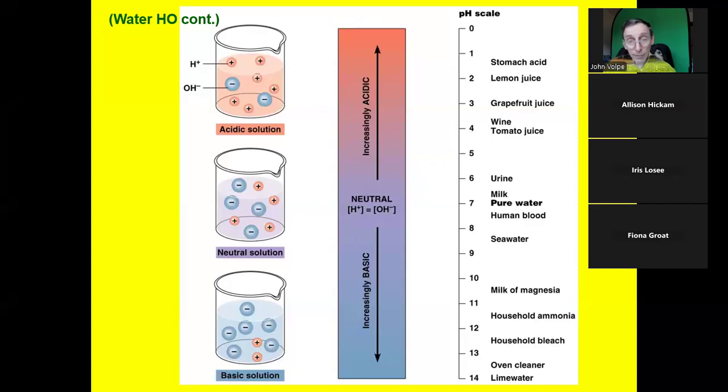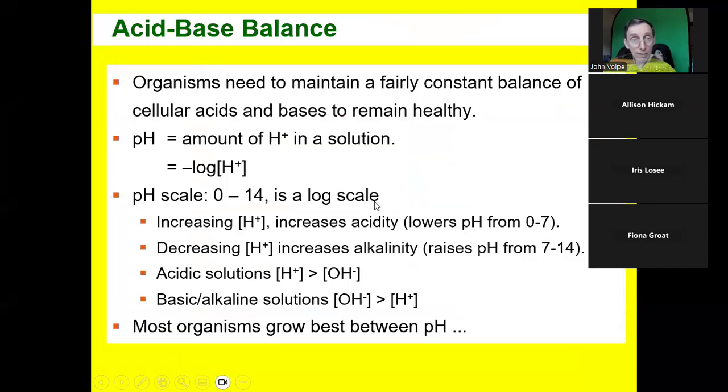All right. So I mentioned that when water breaks apart into OH- and H+, it gives rise to the pH. And let me say exactly what the pH is. The pH is the amount of hydrogen ions in solution.